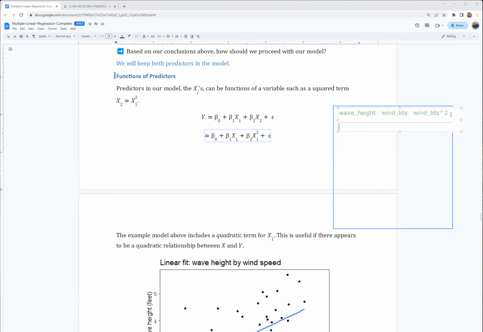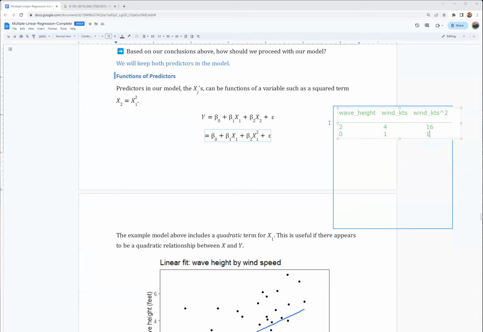So then maybe you have an observed wave height of 2, but a wind speed of 4 knots. Then the squared wind speed is 16, because you just squared it. And then maybe you have an observed wave height of 0, wind speed of 1, and the squared value of this is 1.